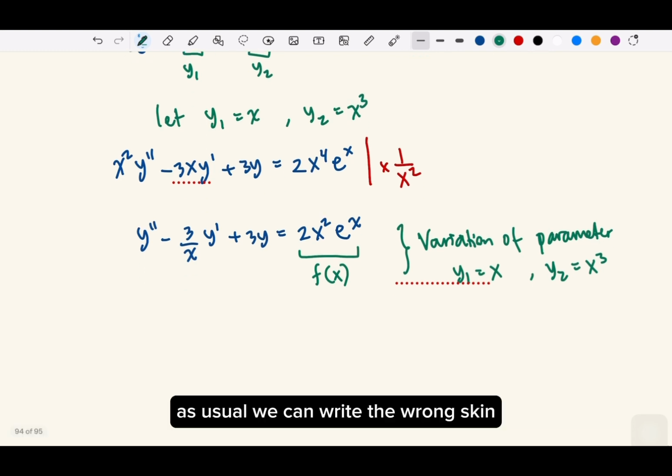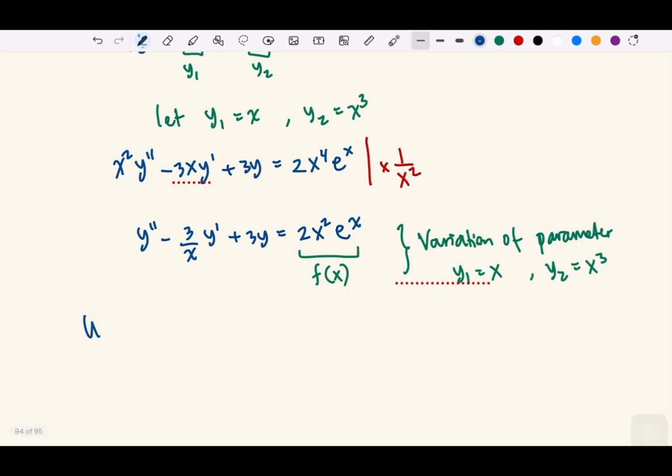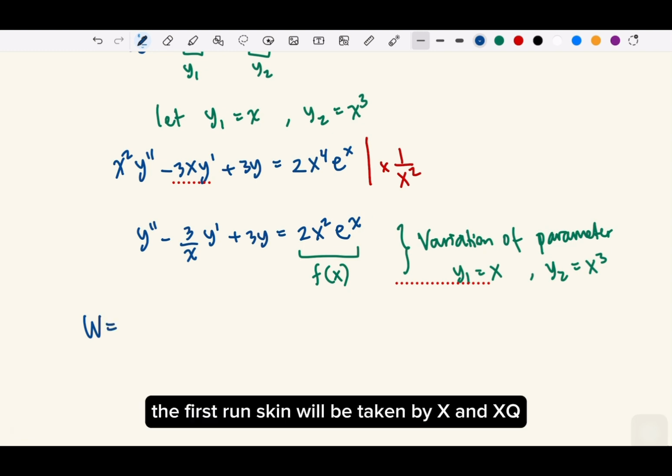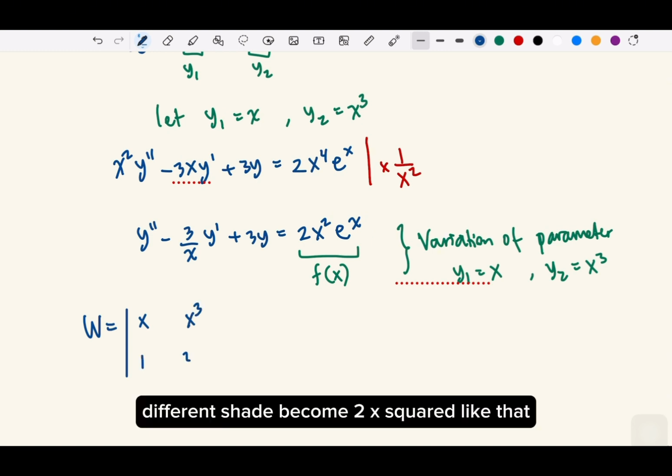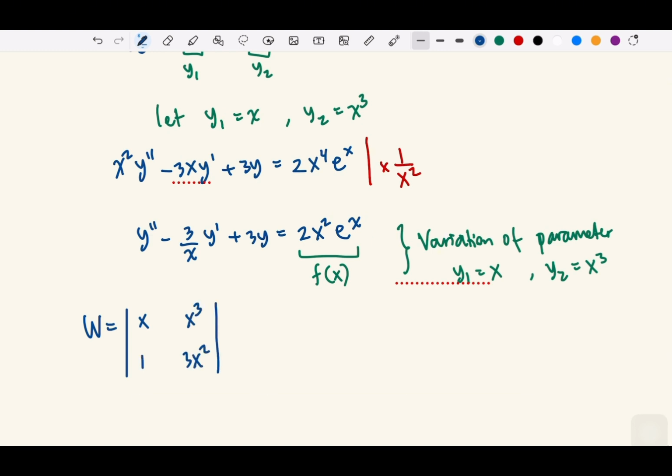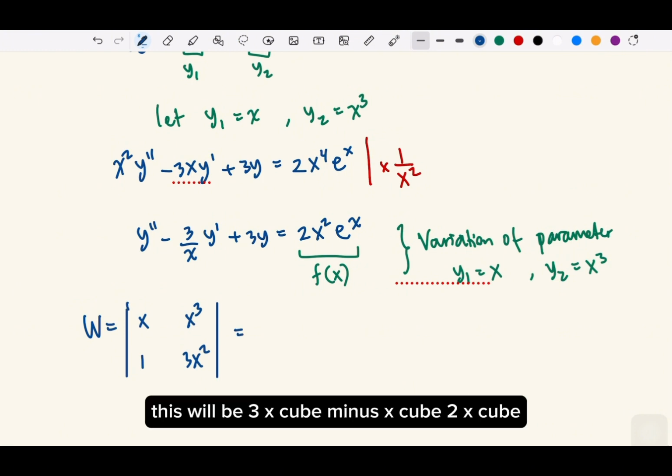As usual, the Wronskian is taken with x and x cubed, differentiate, becomes 1 and 3x squared like that. And then find the determinant. This will be 3x cubed minus x cubed, 2x cubed.